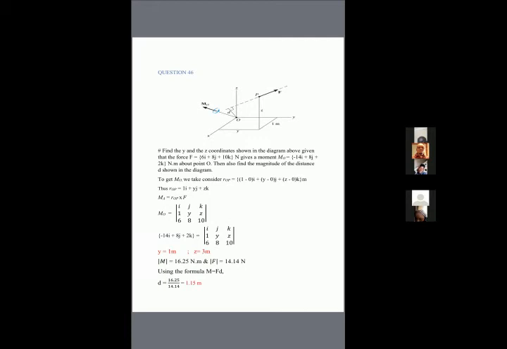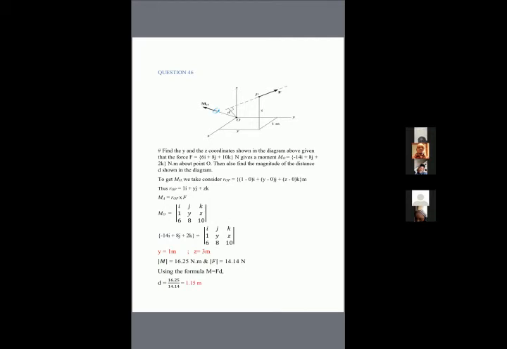And then for us to get the moment, as usual, we say moment at O is equal to ROP cross F. Okay, so F is already given in our question in terms of its vector component, which is very good for us because we don't need to resolve anything, the 6, 8, 10 there.